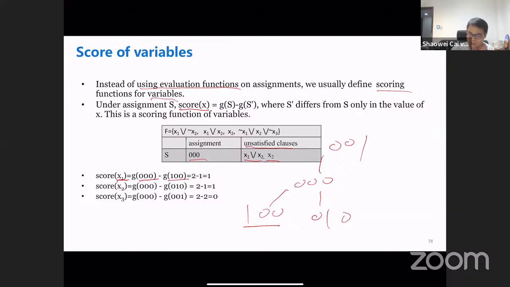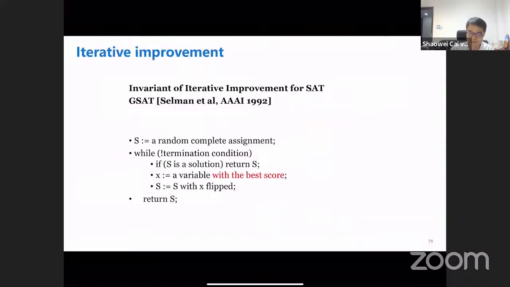In this way, we can calculate the scores of all the variables. Then we can pick the variable according to these scores. In this example, x1 and x2 look better than x3 because their score is larger. A larger score means better benefit. This is the first local search algorithm for SAT.